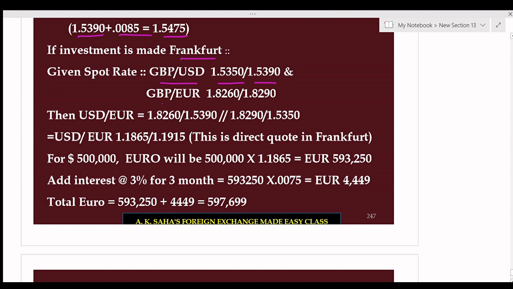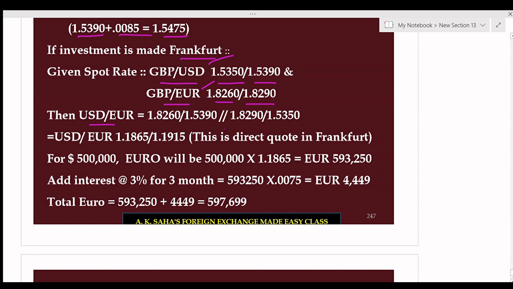GBP Euro 1.8260, 1.8290. Then for USD Euro, you will divide GBP Euro by GBP USD, then you will get USD Euro.